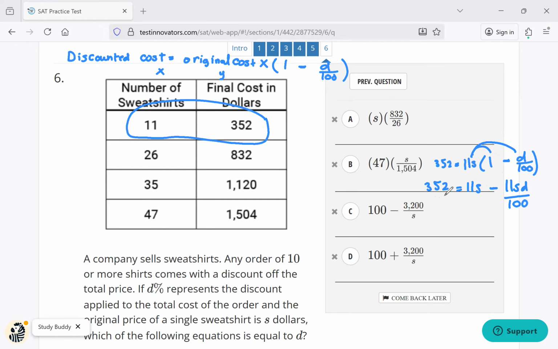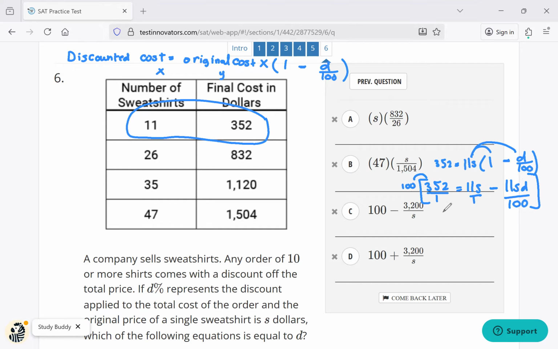And then I'm going to solve for D, right? Because they want, what is the following equation equal to D? So what could I do? I could get rid of the fraction, that's what I should do, by multiplying everything by 100.